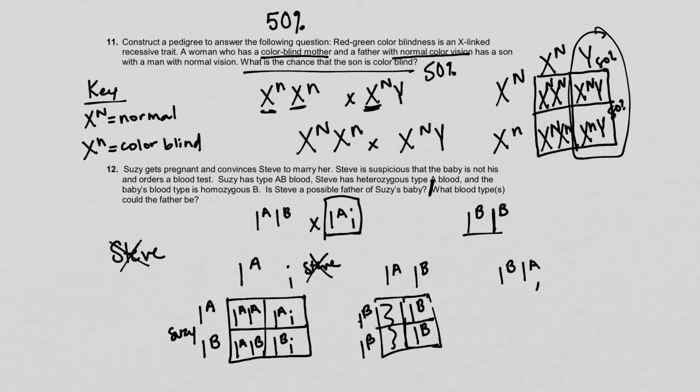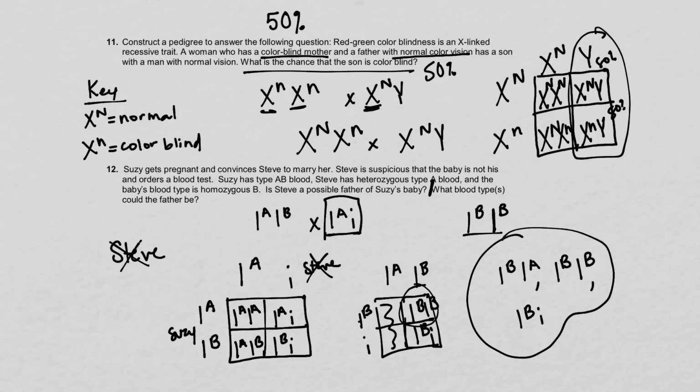So the dad's blood type could also be this or this, in which case you'd have this. But you're still going to have at least one possibility of the homozygous B type. So these are the possibilities, not Steve's.